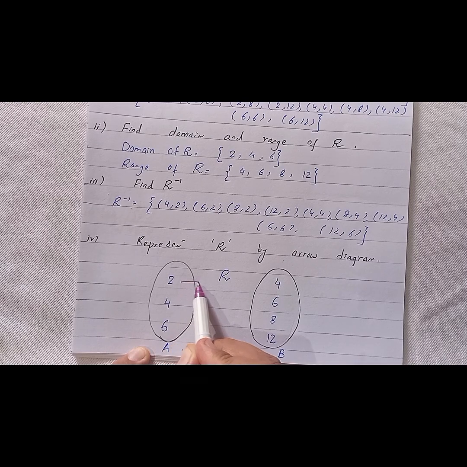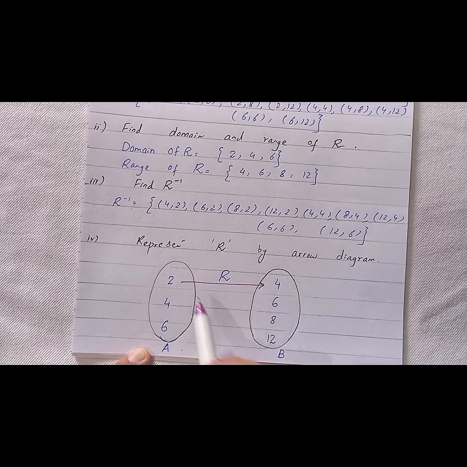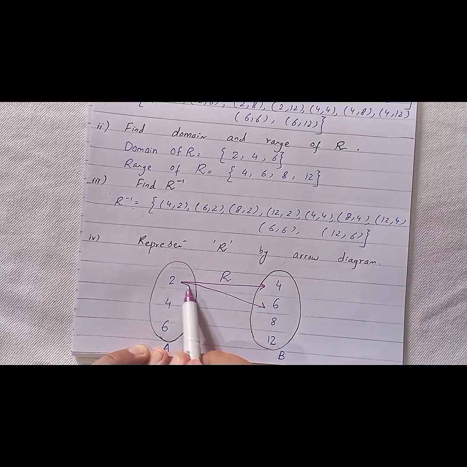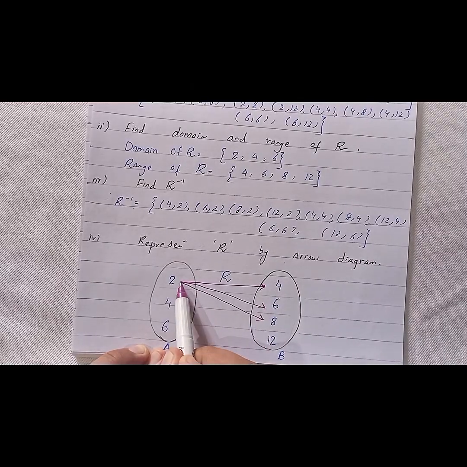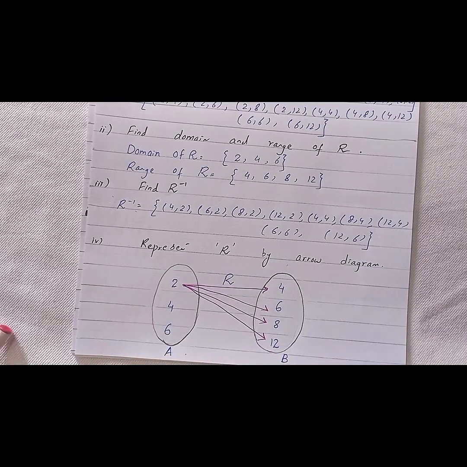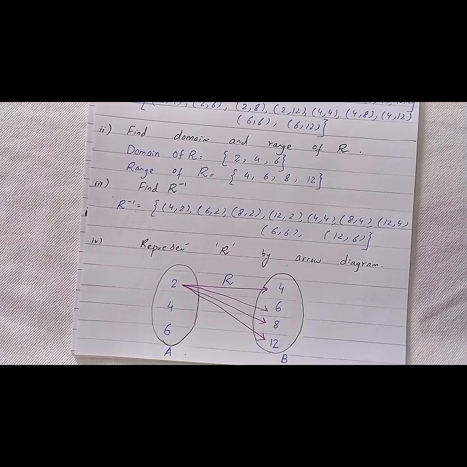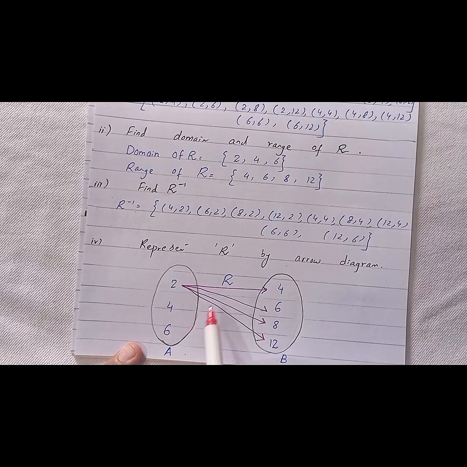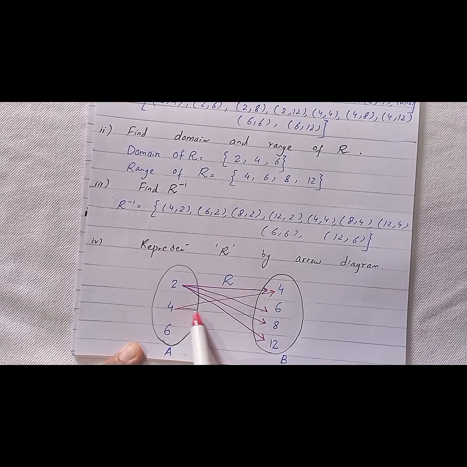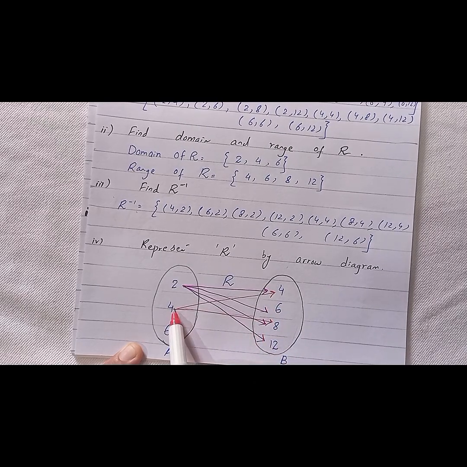2 is a factor of 4, 2 is a factor of 6, 2 is a factor of 8, 2 is a factor of 12. Now with a different color we denote the factors of 4. 4 is a factor of 4, 4 is a factor of 8, and 4 is a factor of 12.